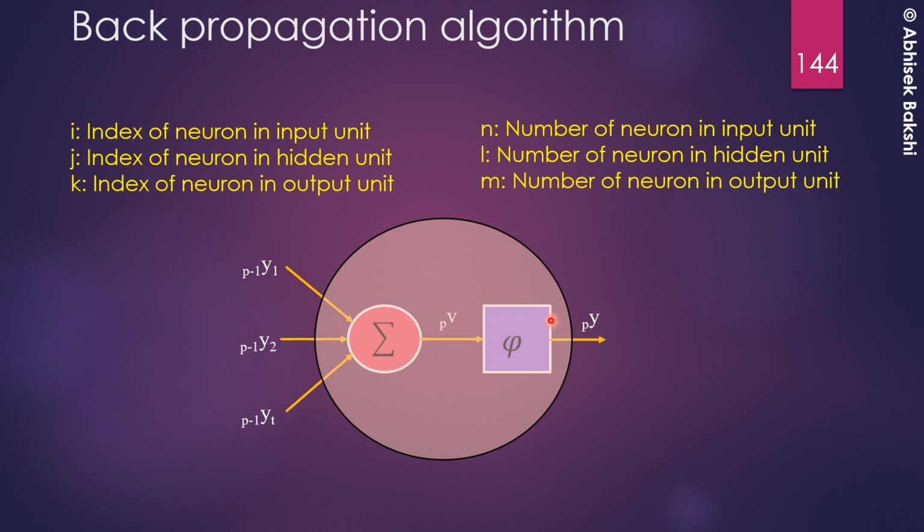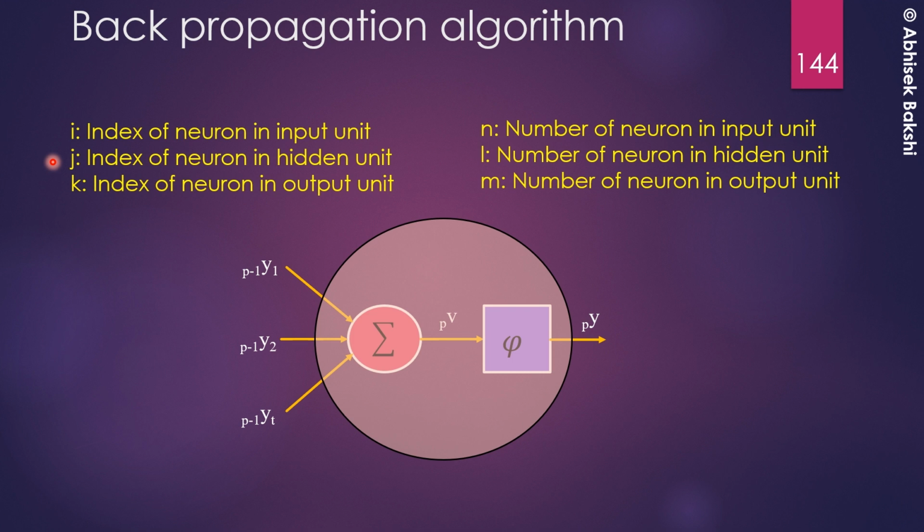Anyway, this is just a view of a single neuron, and there are some indexes I have considered just to carry the equations smoothly. For example, here I is the index of a neuron of the input unit, j is the index of a neuron in the hidden unit, and k is the index of a neuron of the output unit. So just for the time being, to understand the derivation, assume that you have a multilayered perceptron with a total of 3 layers: one input layer, one hidden layer, and one output layer.